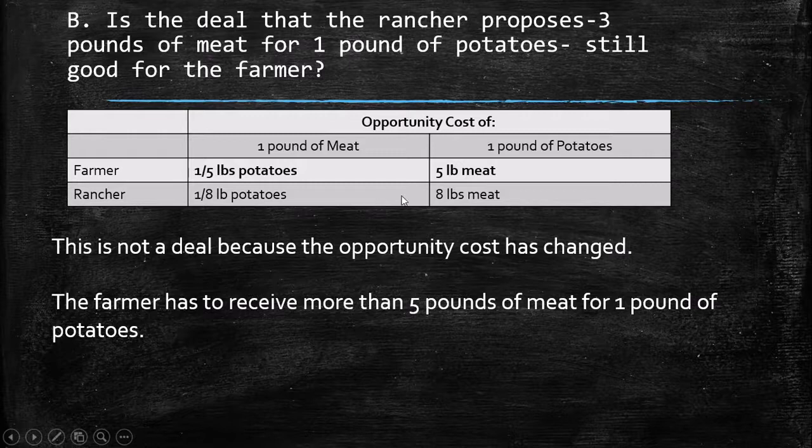The farmer has to receive more than 5 pounds, because now this is the cost. If he receives just 3 pounds of meat, he's losing, because this price is smaller. So now he needs at least 5 pounds of meat for 1 pound of potatoes.